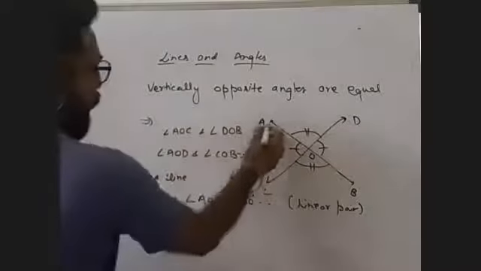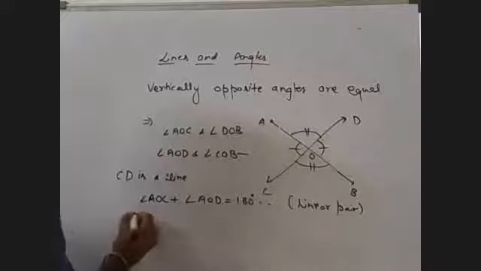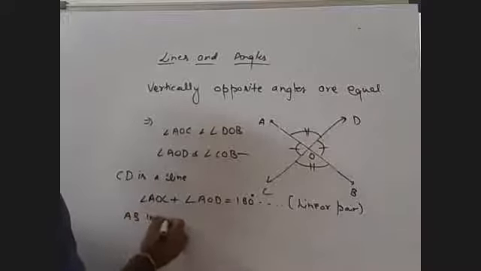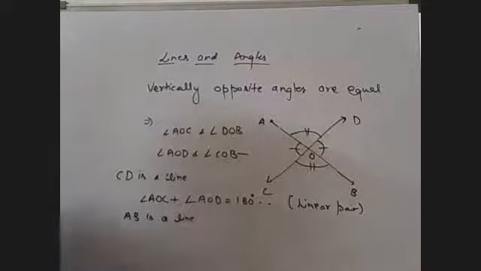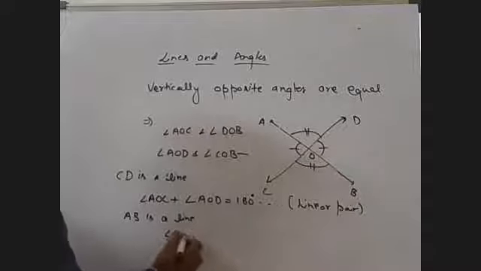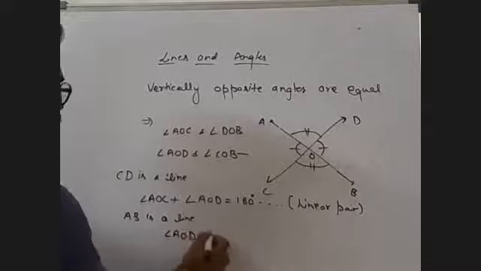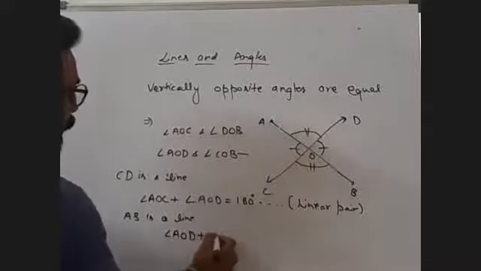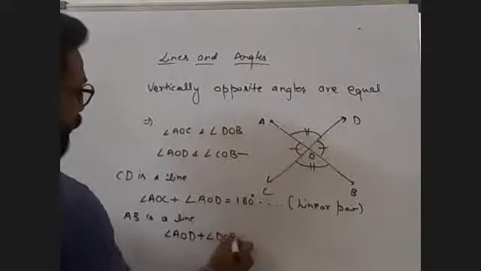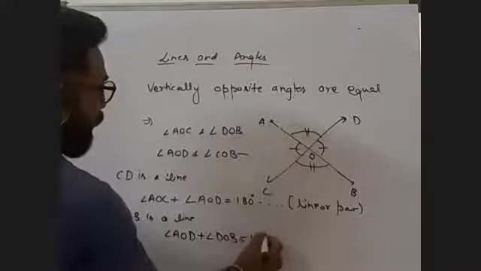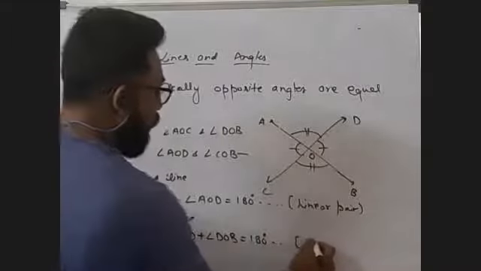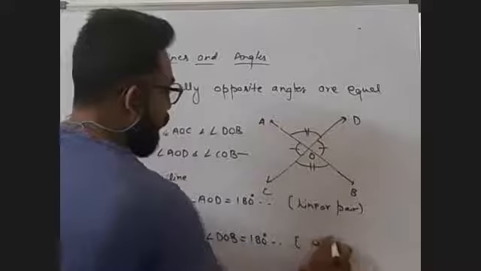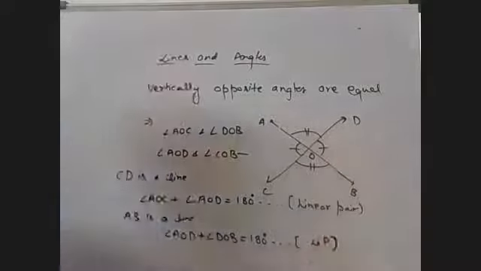Similarly, AB is a line, so again angle AOD plus angle DOB is equal to 180 degrees, and the reason remains the same, that is the linear pair. I'm writing it as LP, linear pair.